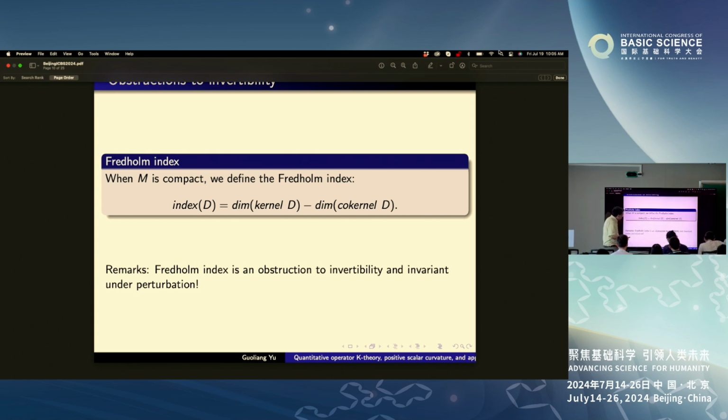Now this Fredholm index is an abstraction of invertibility. Actually, in some sense, it's a complete invariant, in the sense that the Fredholm index is not zero if and only if, up to a small perturbation, it's not invertible.